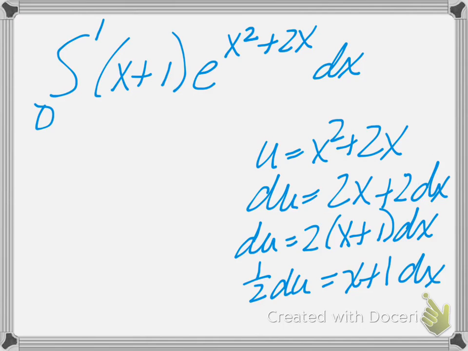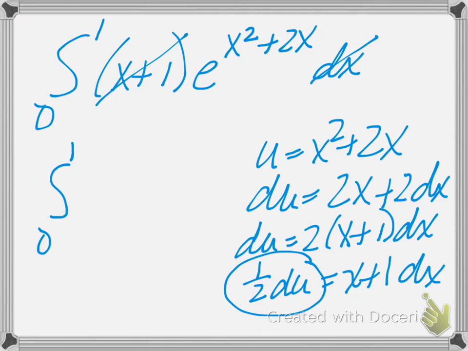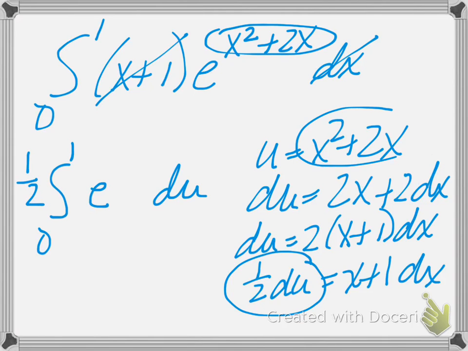Okay, so we're going to go back to the original. I'm going to take out the x plus 1 and the dx, and I'm going to replace it with 1/2 du. I'm going to put the 1/2 in front. That just leaves me with e to the x squared plus 2x, but x squared plus 2x is u. And that's going to be 1/2.